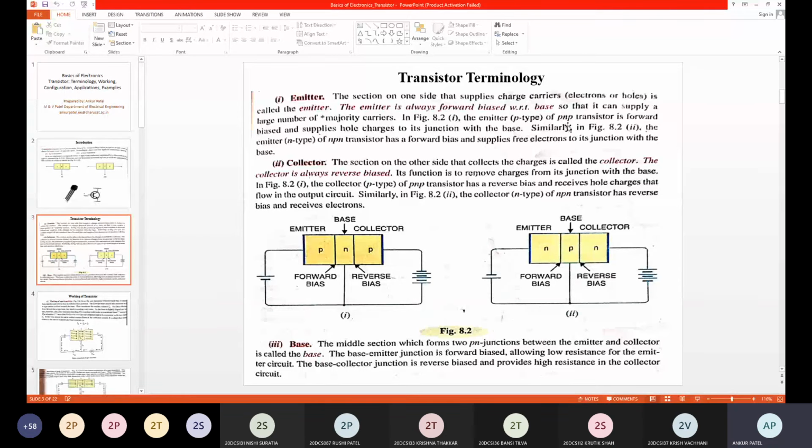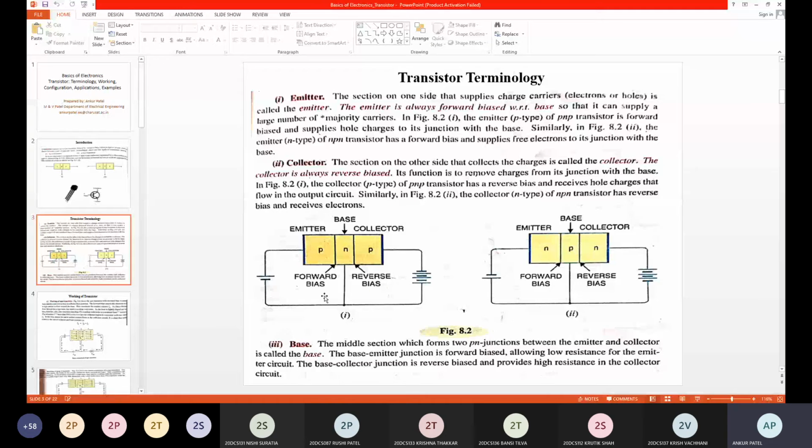The emitter of a PNP transistor is forward biased and supplies hole charges to its junction with the base. Similarly, the emitter of an NPN transistor is forward biased and supplies free electrons to its junction with the base. The section on the other side that collects the charges is called the collector.